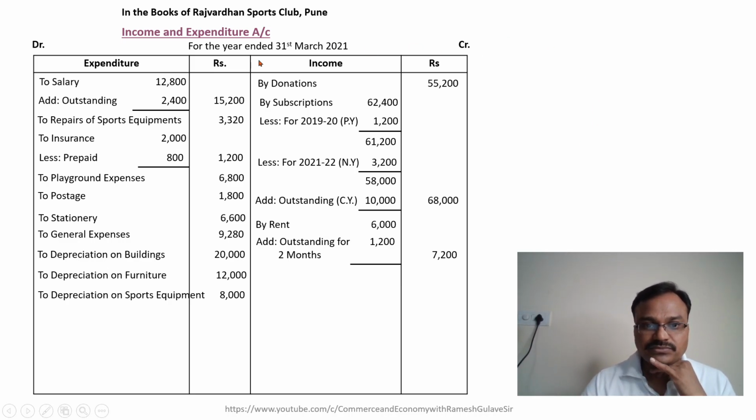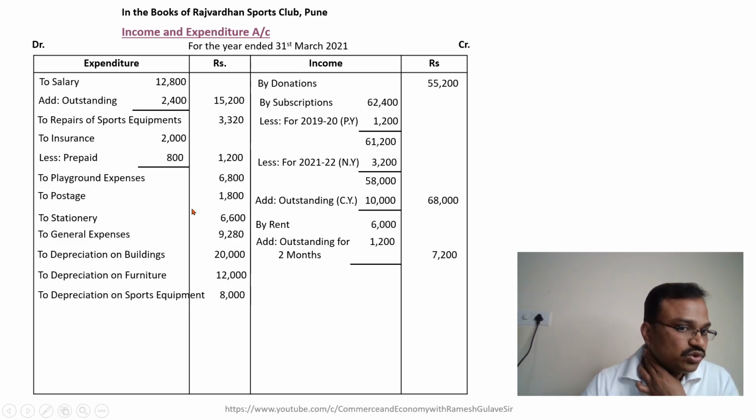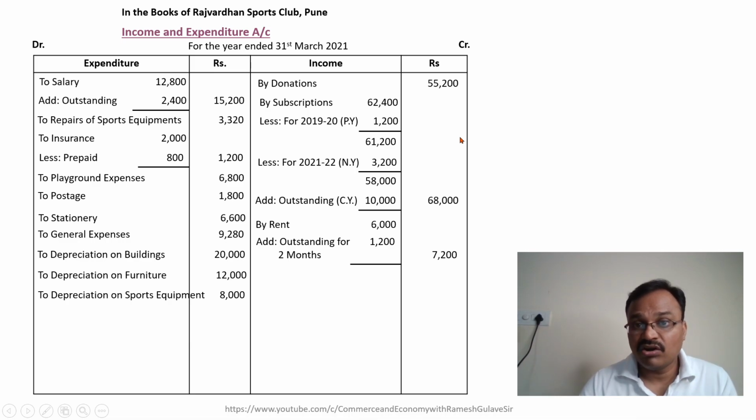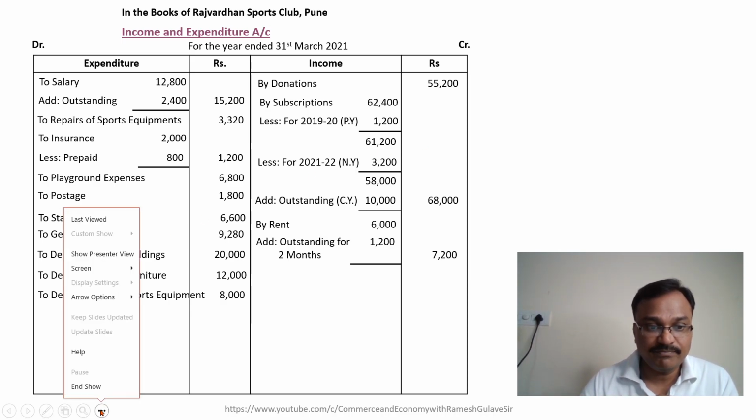So here let us first total the credit side, then total the debit side, find out which side is greater, and accordingly subtract the smaller amount from the greater amount.